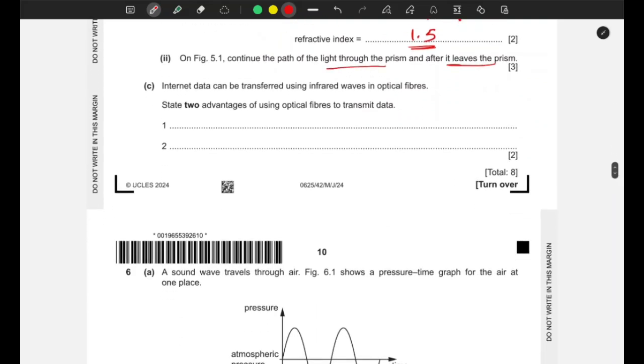Part C. Internet data can be transferred using infrared waves in optical fibers. State two advantages of using optical fibers to transmit data. So one of them is we're using infrared data, so it's going to travel fast. So we can say fast transmission.